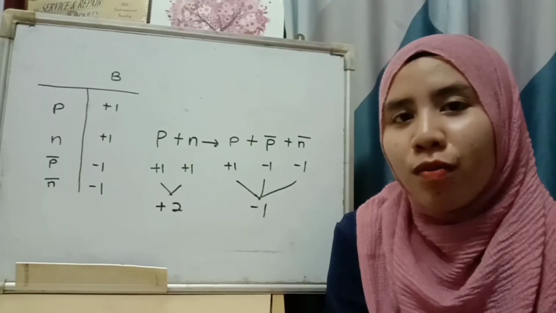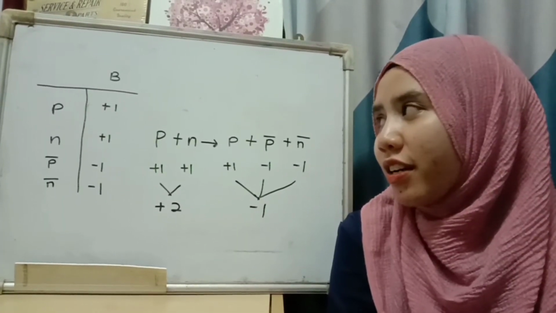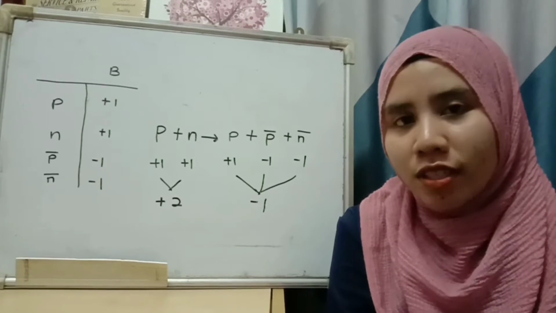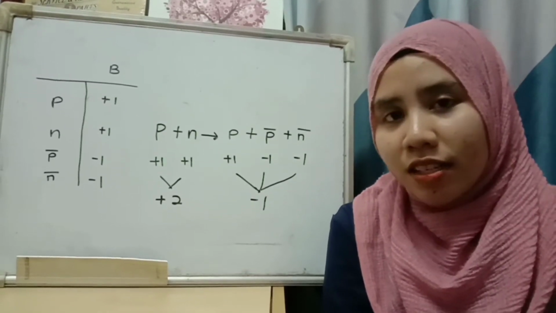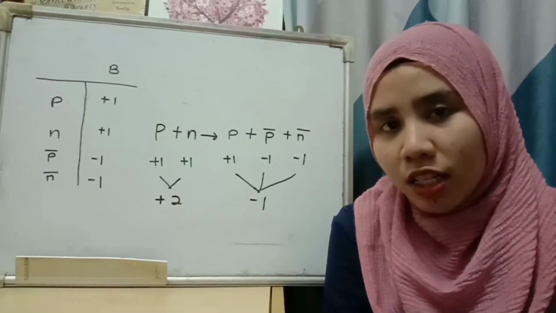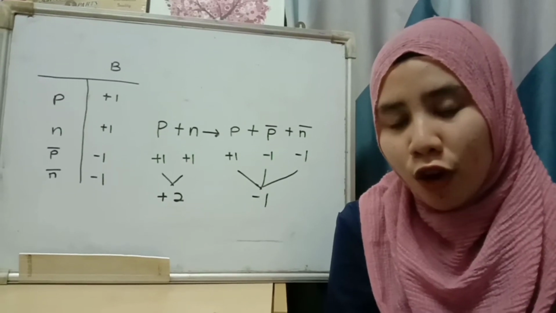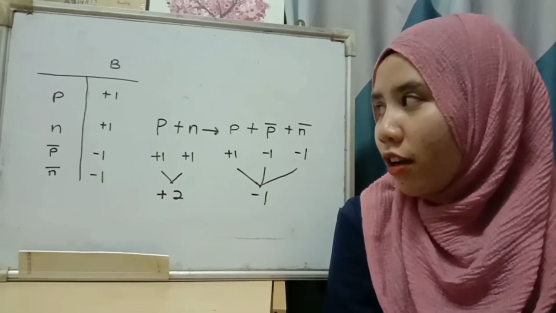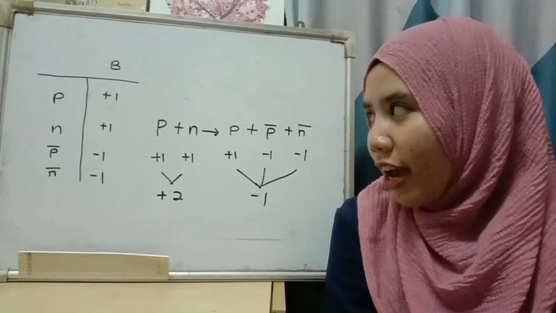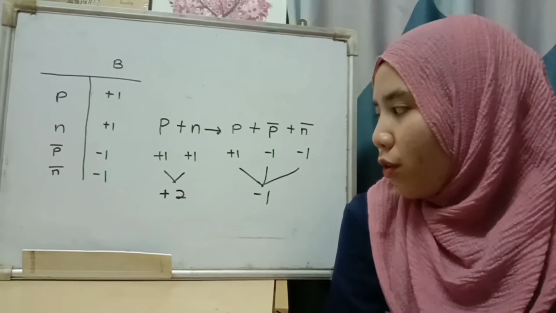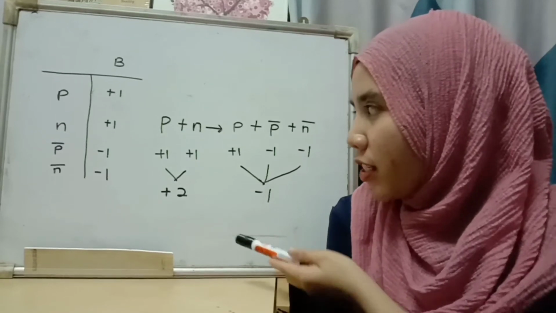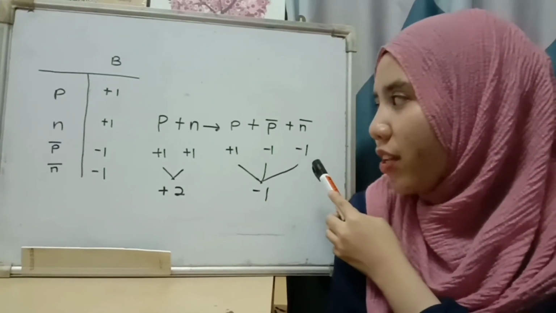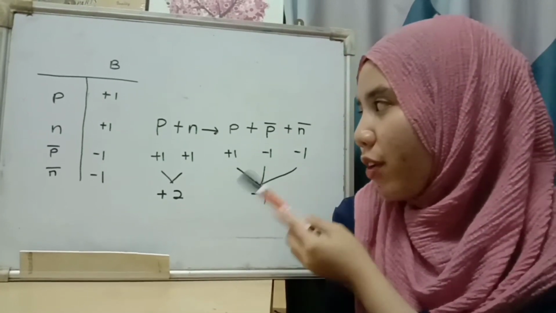Okay, now we go to see the conservation law of the baryon number. A baryon is a particle made of 3 quarks, including proton, neutron, antiproton, and antineutron. Let's look at one example. Let's suppose a proton interacts with a neutron.